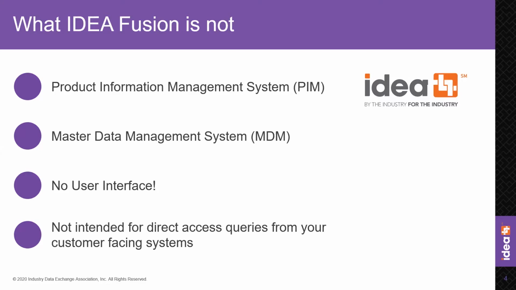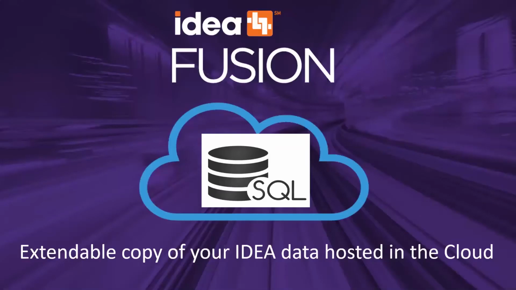So you would pull data out of it and put in your web storefront, or pull data out of it and put in your ERP or PIM or some other platform. It's not hosted for the masses to be hitting it constantly. It's more meant for updates on a daily type basis. Did I mention Fusion's a database?